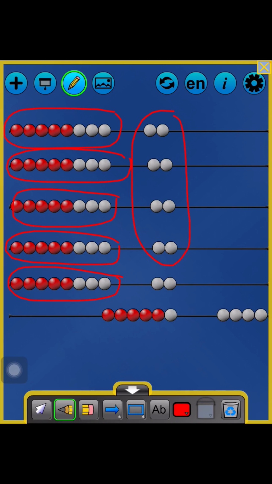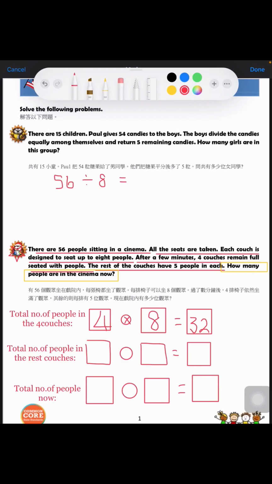And the remaining 2 plus 6 also equals 8. Therefore, we have 7 groups of 8, which means 56 divided by 8 equals 7. Therefore, there are 7 couches in total.